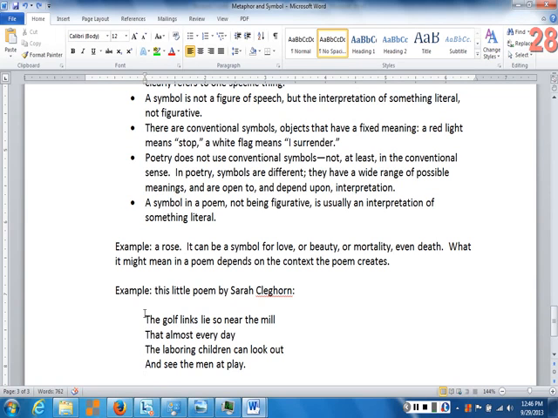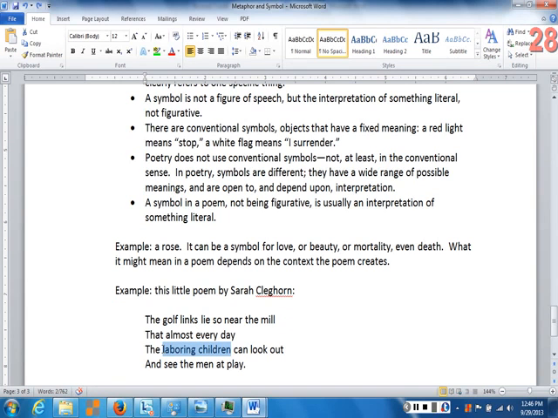No metaphors here, folks. Sarah Cleghorn is imagining, she might actually herself have seen this scene, but her speaker, that is the person who is in this poem saying these words, is referring to an actual golf course, is referring to an actual mill, that is a factory, all right, is referring to literal laboring children.